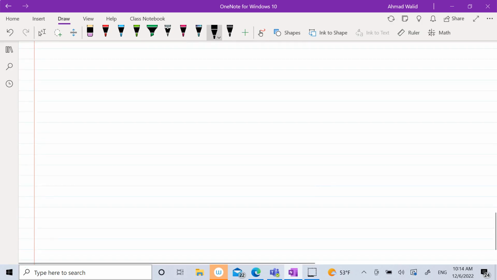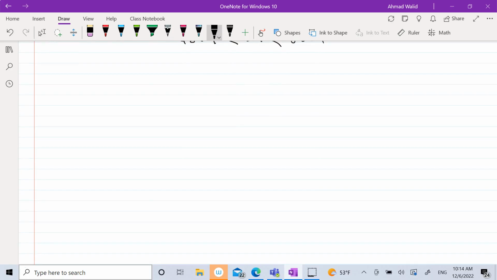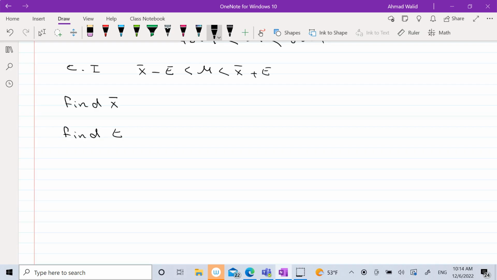Last part of the lecture after this example, I can write for you. If you have your confidence interval, which is mu less than x bar plus E and greater than x bar minus E, correct? You can find x bar and also you can find E. I explained before in the previous lecture how to find x bar and E. It's actually the same way.